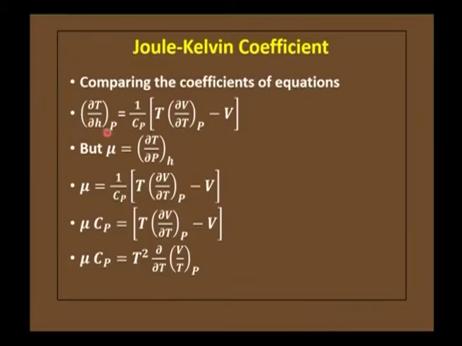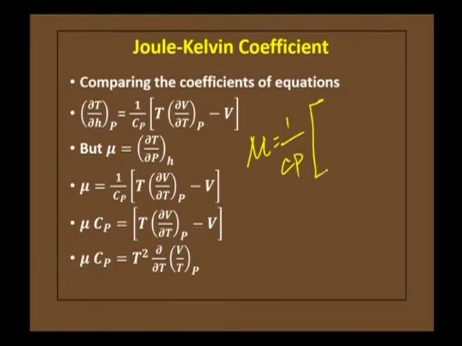So, comparing the coefficients of this equation, I have dou T by dou H of P is equal to 1 by Cp into T into dou V by dou T of P minus V. But we know that mu is equal to dou T by dou P of H.